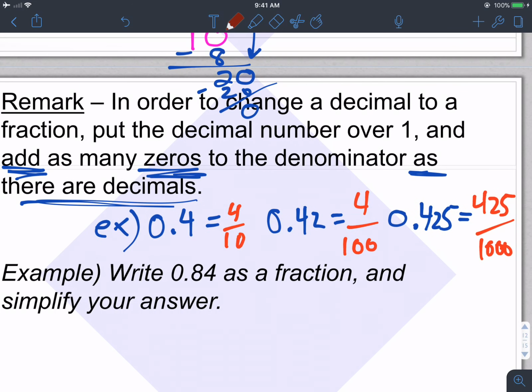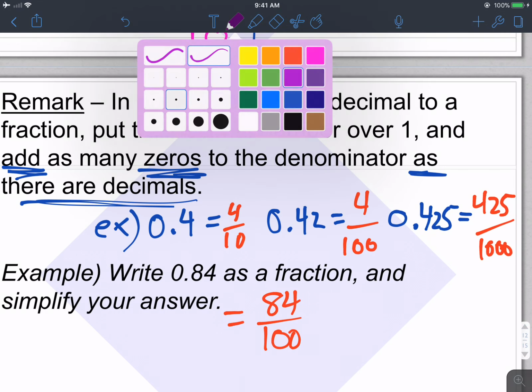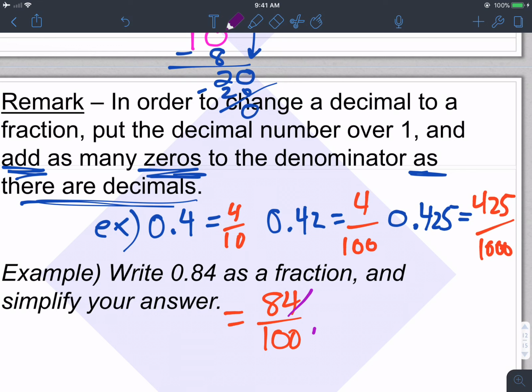So 0.84 would be 84 over 100. And then follow your rules. I don't know, does 4 go into 84? Yeah. So that's 21 over 25.